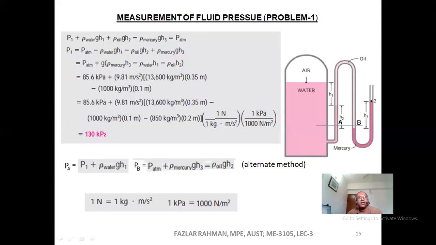If I draw a small circle at point 1 and make a line from the height H1, then both points have the same pressure, right? The pressure over here and over here is the same, because it is the same fluid, water.